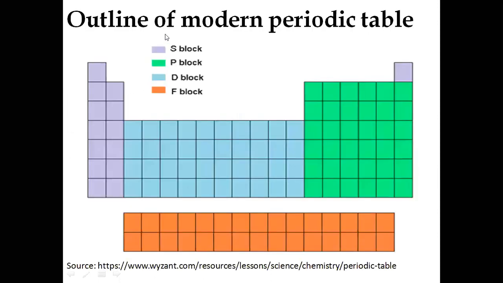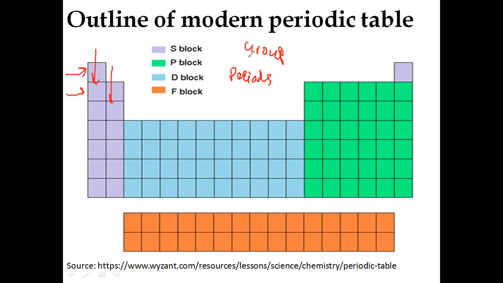So without wasting our time, let's begin with the structure of the modern periodic table. As you can see on the screen, this is the basic outline of the modern periodic table. There are vertical columns, which we call groups. Second, there are horizontal rows, which we call periods.